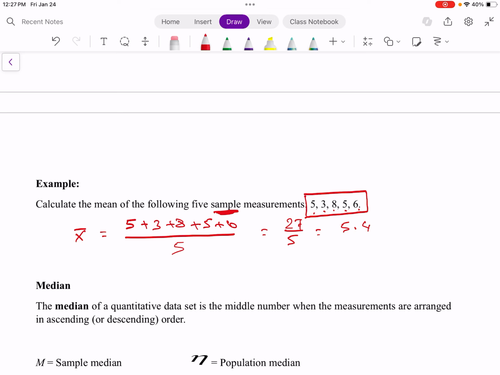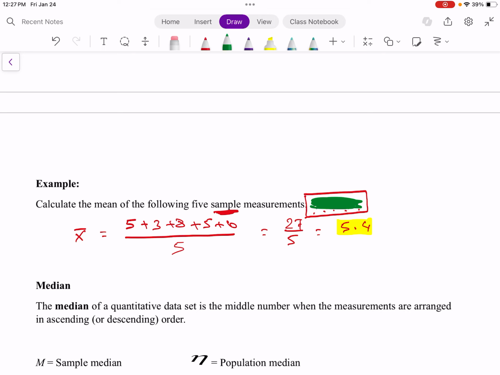Now, if you are only given the mean and you don't have this data set, can you imagine the 5 data values if the mean of that data set is 5.4? So 5.4 is the mean for the 5 measurements, and we don't know those 5 measurements. With the help of this mean, can you imagine what the possible measurements could be?